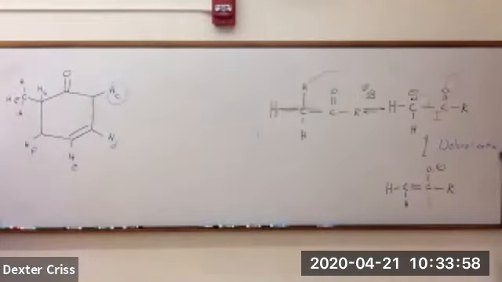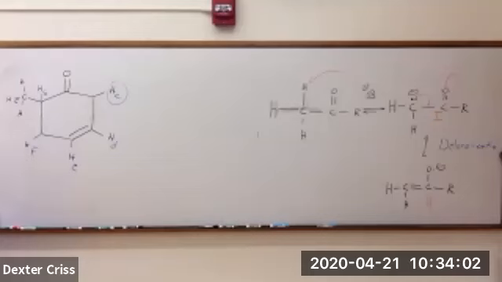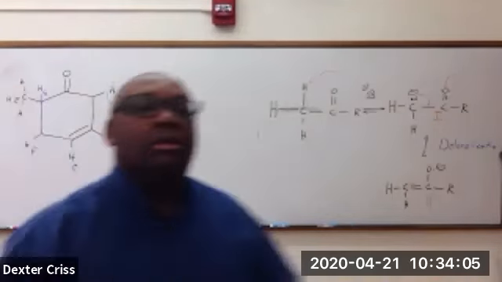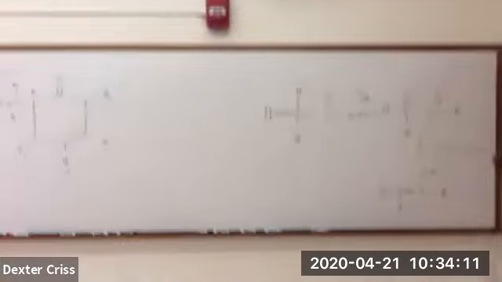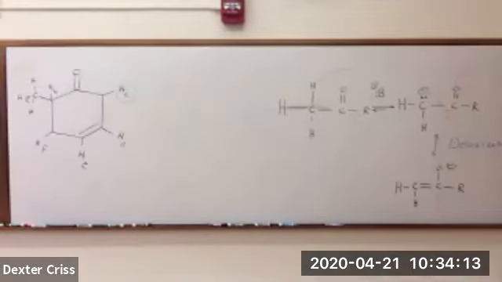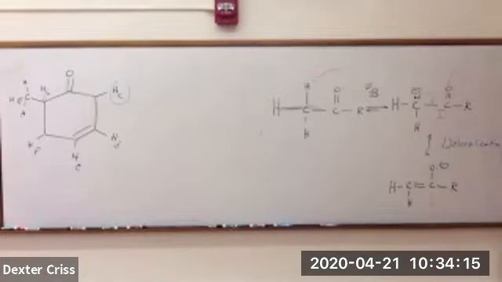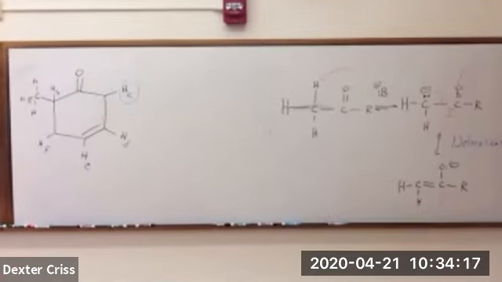Anybody else? Dexter, can you readjust the camera again? It got blurry. I don't know what's going on. It's every time you move it, that's when that happens. Is it still blurry? Well, let me do this. I'll just bring it closer.